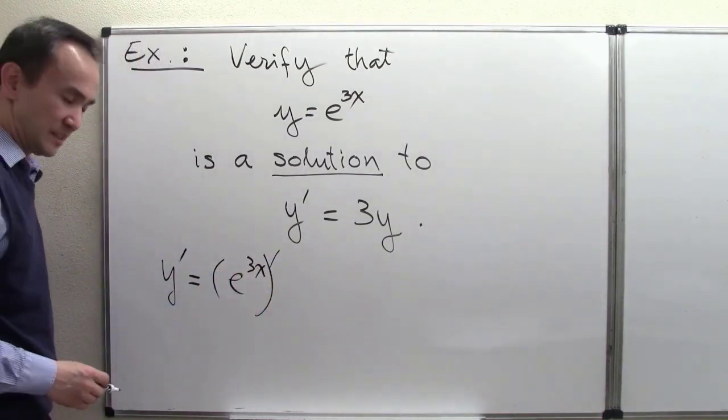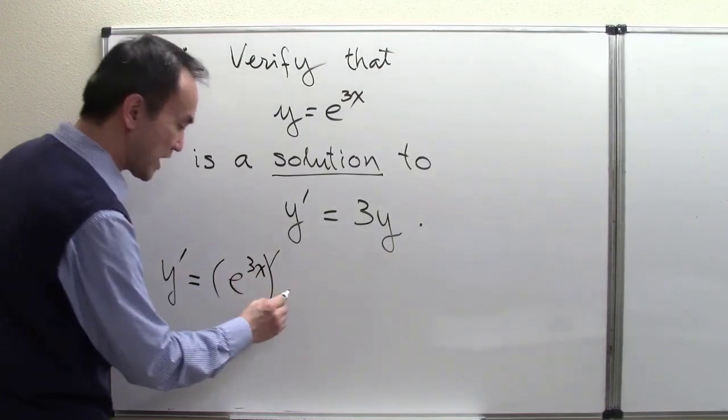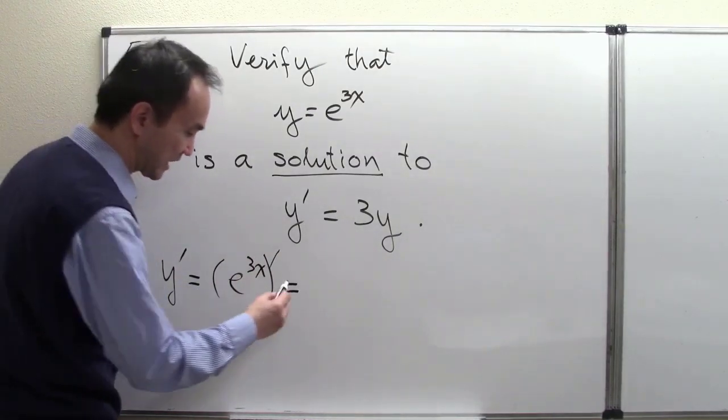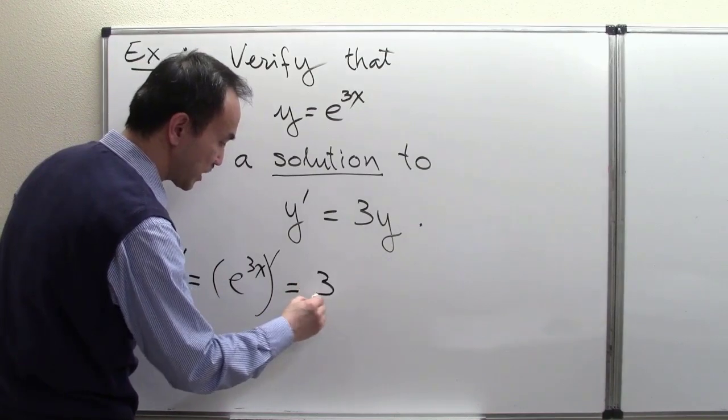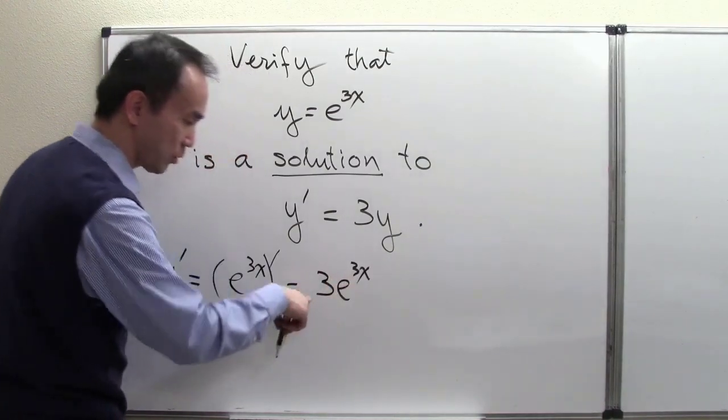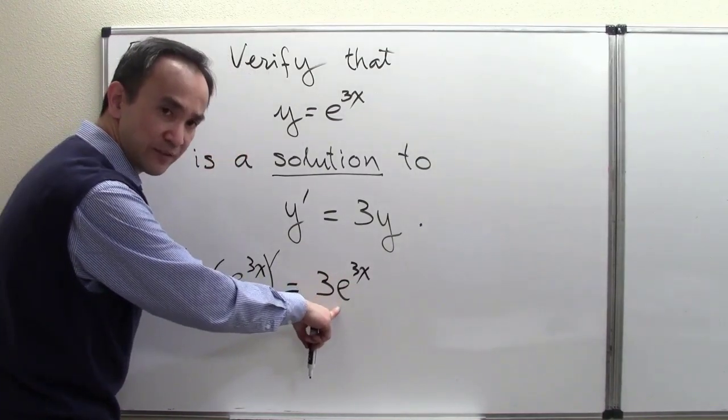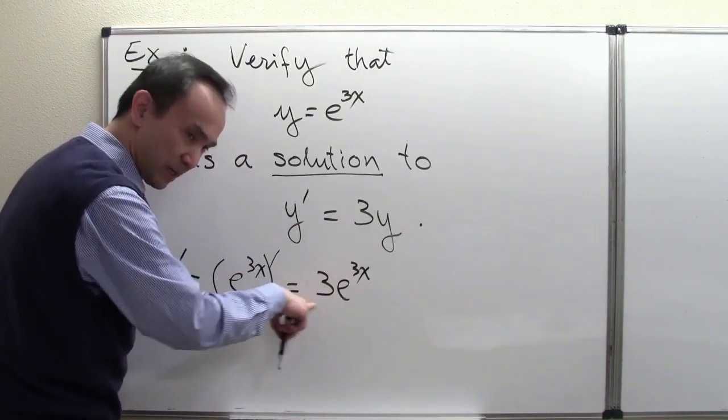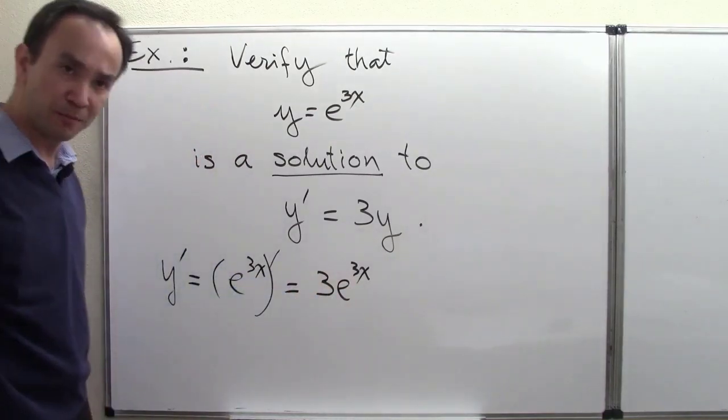Taking the derivative of e to the 3x from calc 1 gives me 3 times e to the 3x, according to the rule for taking the derivative of an exponential function, with some little chain rule applied here.